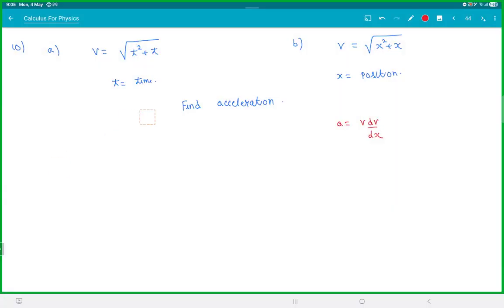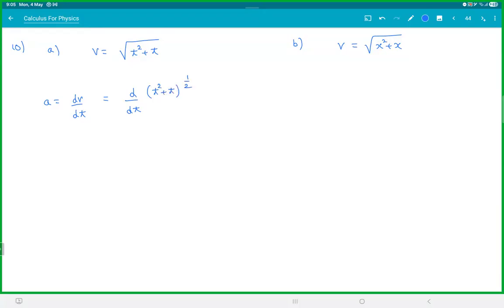Let's see. So acceleration is dv by dt here. D by dt of t square plus t whole power half. So this is looking like a function to the power of half. This is half into the function, which is t square plus t whole power half minus 1, and then differentiate whatever is inside.